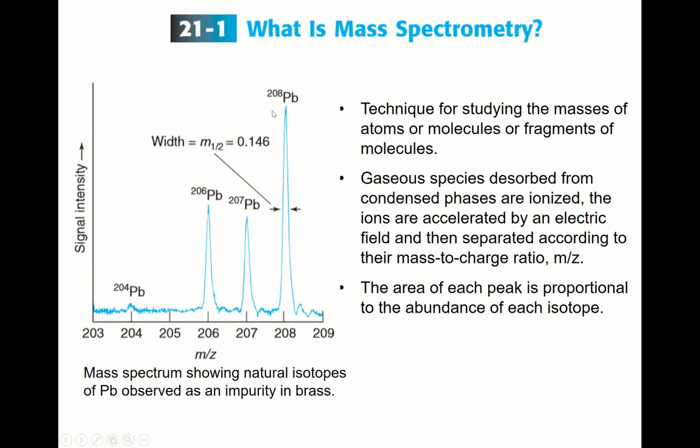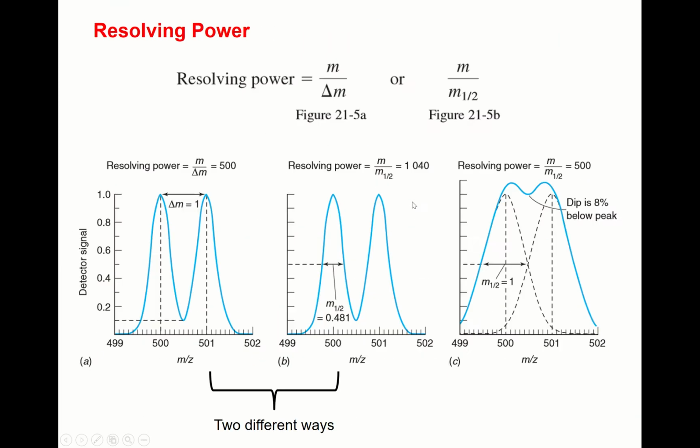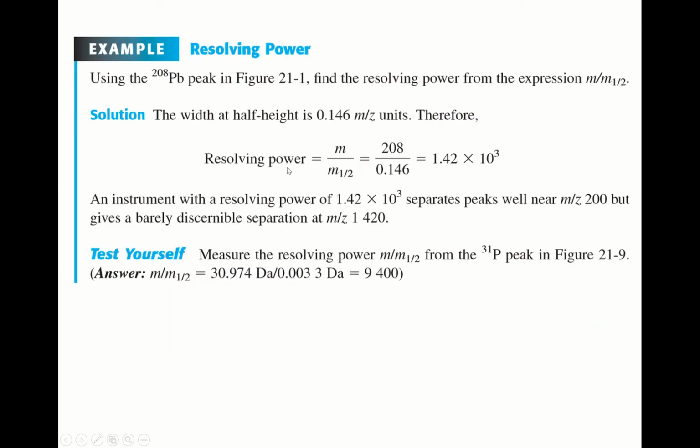Let's see again; now we are considering this peak, mass number 208, and this is the half height. The delta M 1/2 is 0.146, and the mass number is 208, so the resolving power is 1.42 times 10 to the 3. This is actually good.